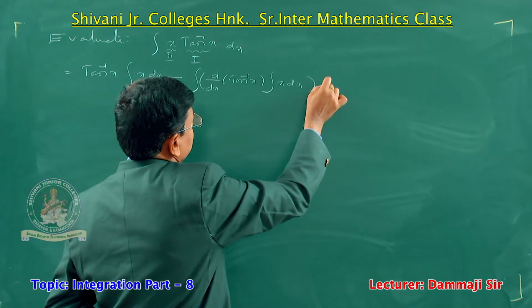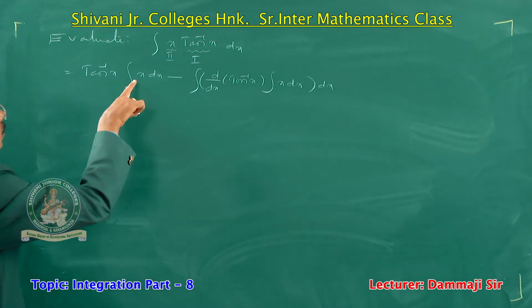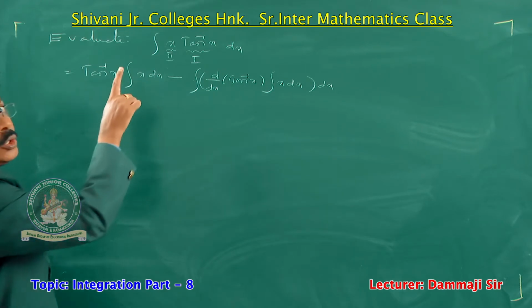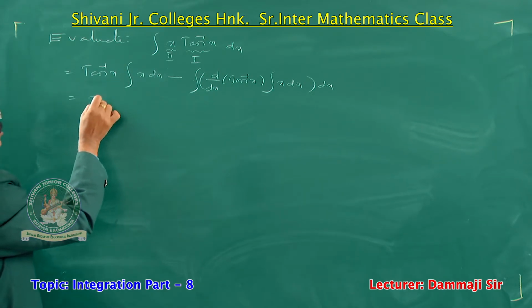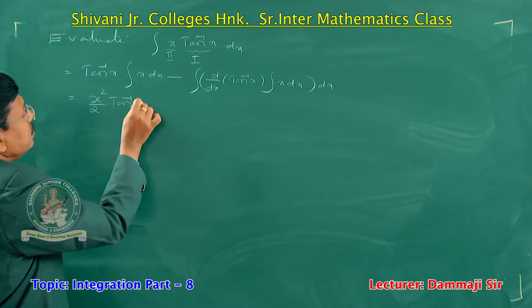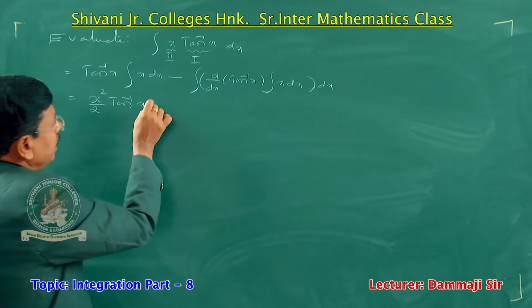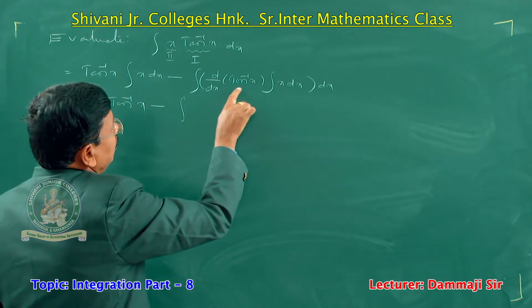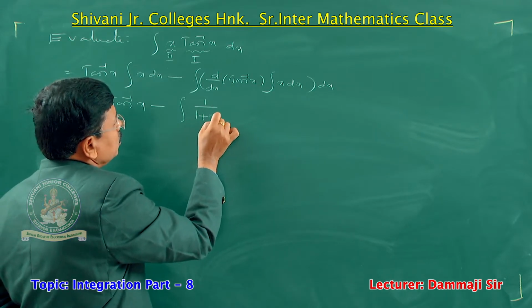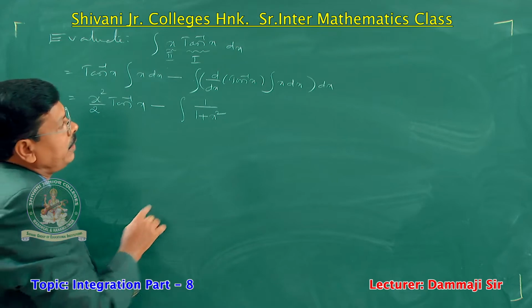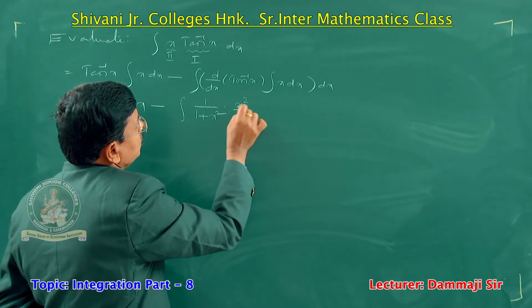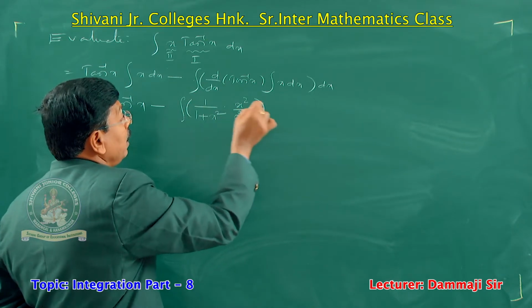The integral of x you know very well: x square by 2 times tan inverse x, minus the integral of the derivative of tan inverse x, 1 by 1 plus x square, times x square by 2, dx.